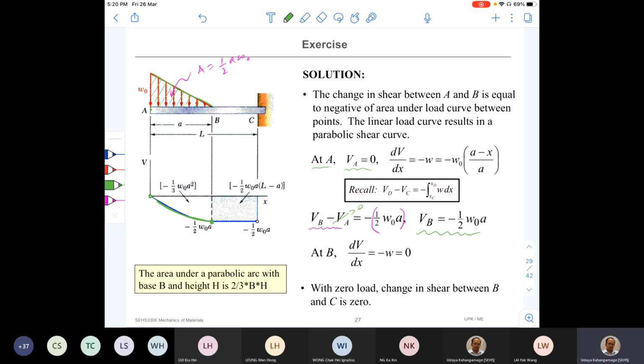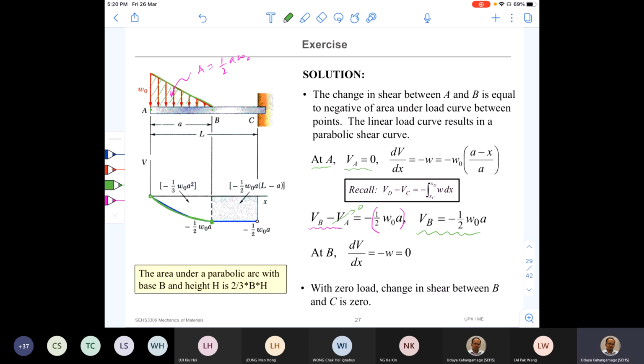And if you want to find out the exact shape of the curve, why it is like this or why not the other way around, you can find out the slope of the curve at point B. At point B, you can see just after B, there's no load.